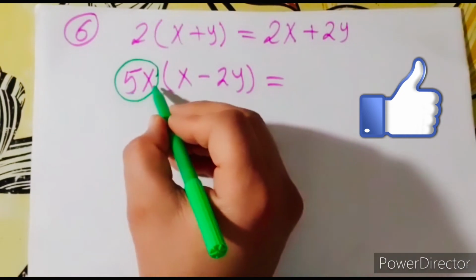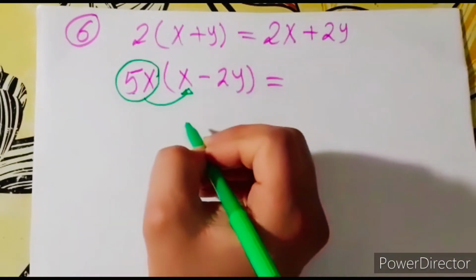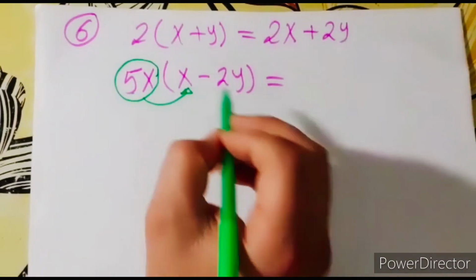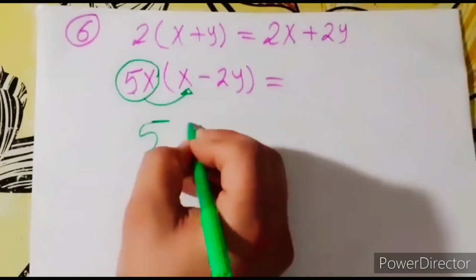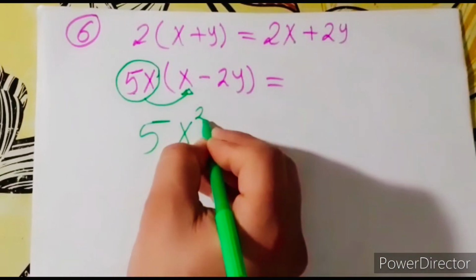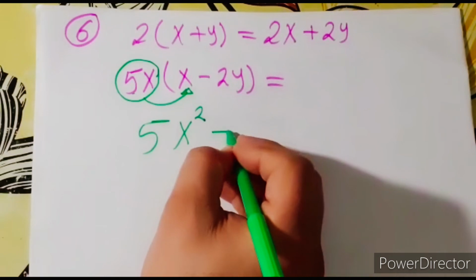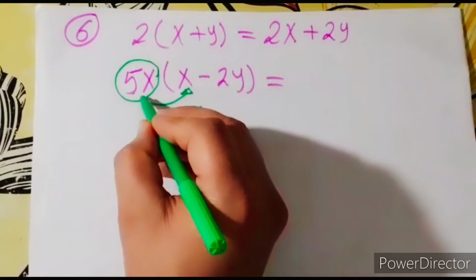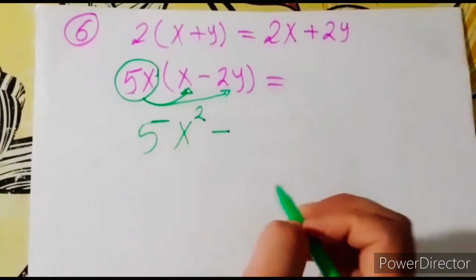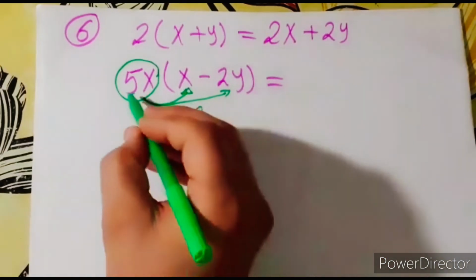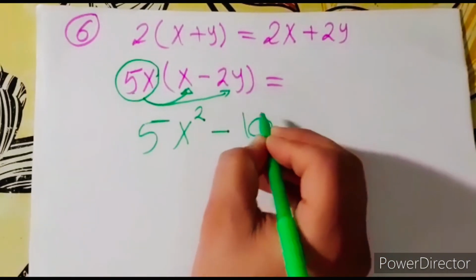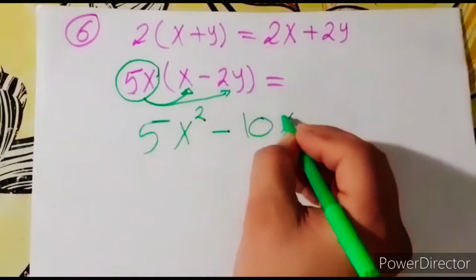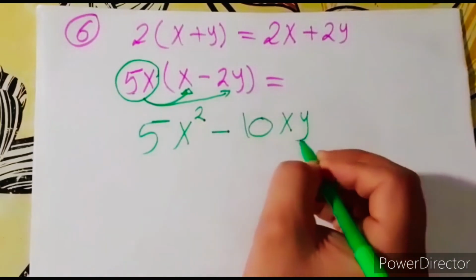First multiply 5x by the first term x. 5x times x equals 5x power 2. The same sign, minus. Then also multiply 5x by the second term. 5 times 2 equals 10. x times y equals xy.